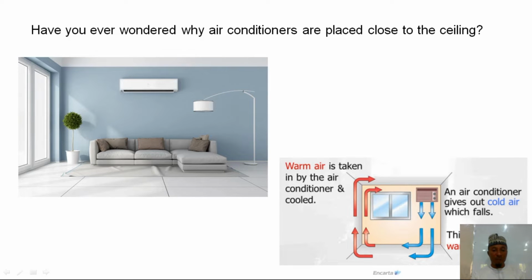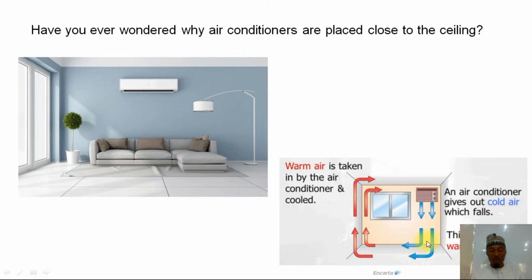This method of heat transfer requires the movement of fluid. Have you ever wondered why air conditioners are placed close to the ceiling, like what we have in this case? The reason is that air conditioners give out cold air, which tends to fall down.